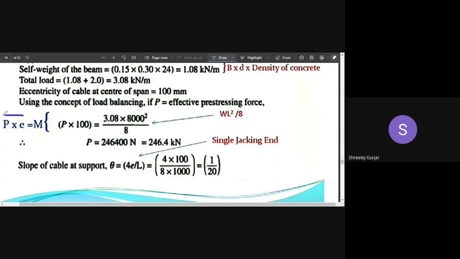P into E is what is called the balancing moment. This is the moment generated by the eccentric pre-stress, and it is equated to the balancing moment calculated as WL squared by 8.